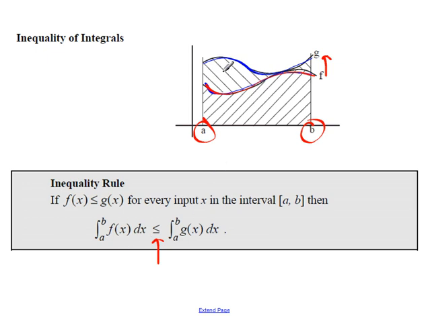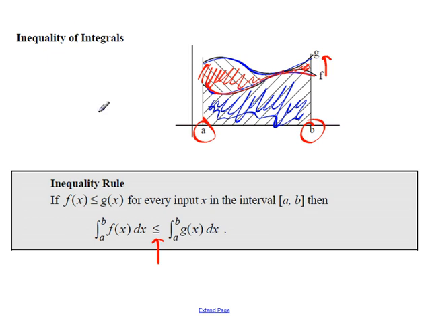Why? Well, just think about it. It has all this area that I'm shading in now that g has, but f doesn't. And all of this area here, both f and g share. So it makes sense that if g is above f, the area is going to be bigger.